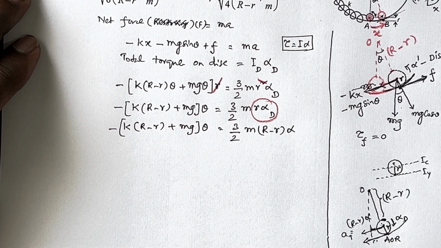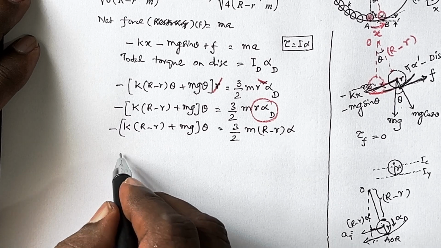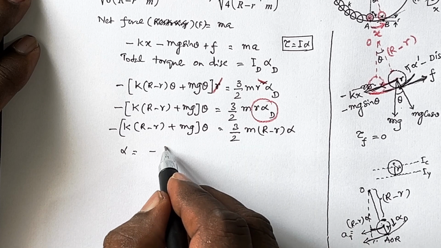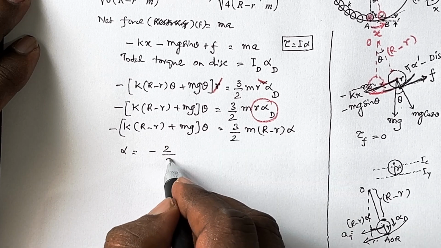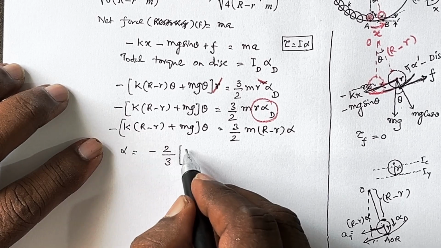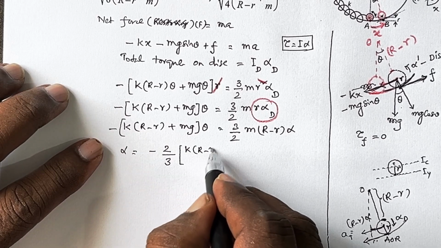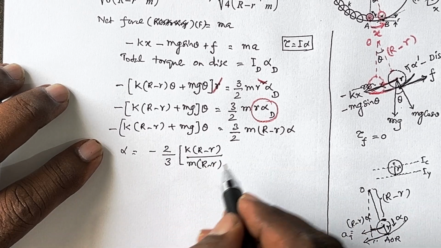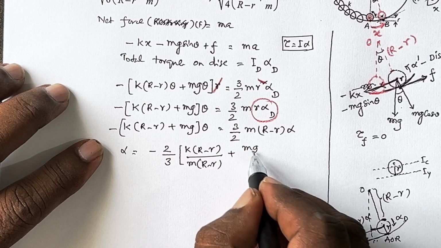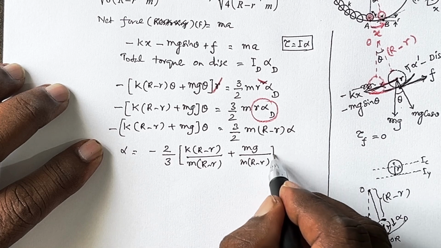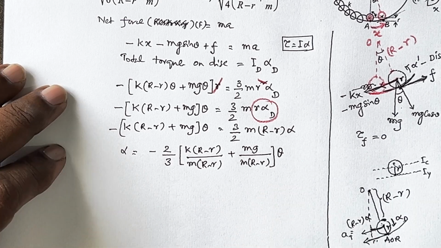Now let us simplify. The alpha came, na, so alpha is equal to minus, this 2 by 3 goes here, this 3 by 2 goes here, it becomes 2 by 3. Now bracket start, k(R minus r) by m into (R minus r) plus mg by m into (R minus r), and theta will be there common.